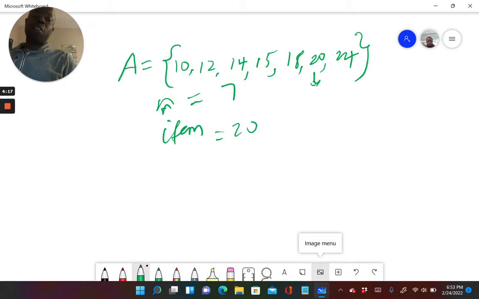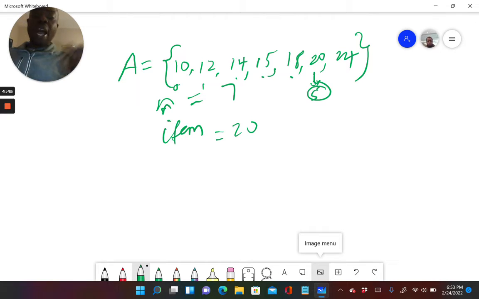Now, item 20 is right here. And what is the position of that? If you count, you have how many elements? 7. So this number 20 is at position number 5. Because in most programming languages, in terms of index notation, you call it index 0, index 1, index 2, index 3, index 4.